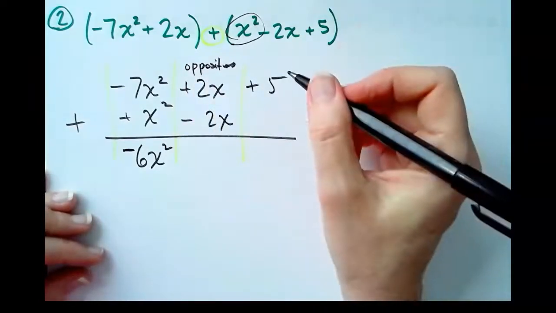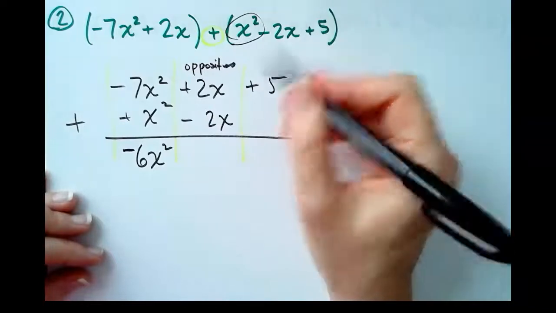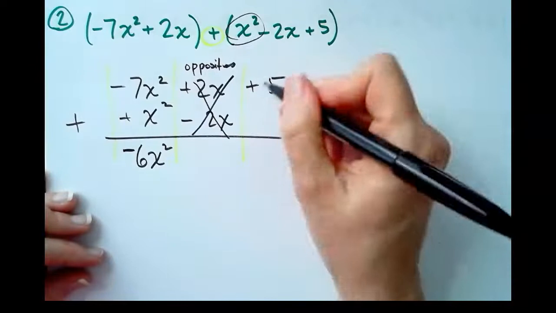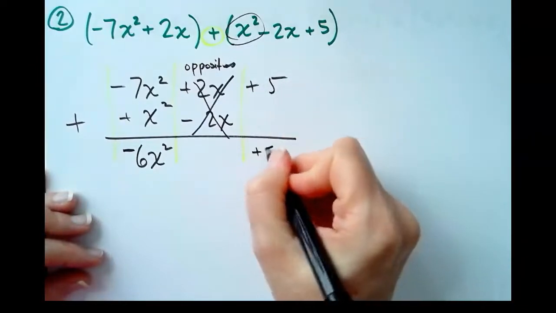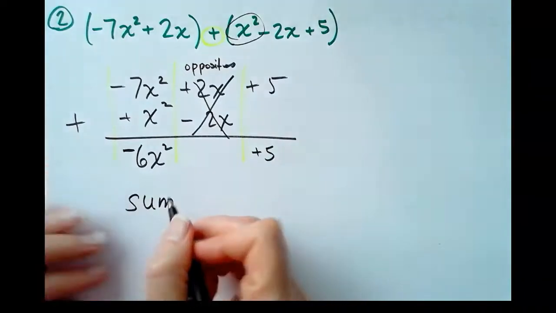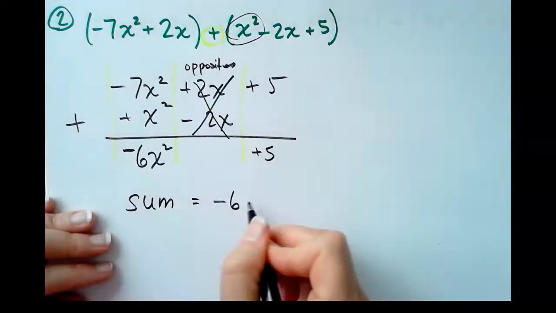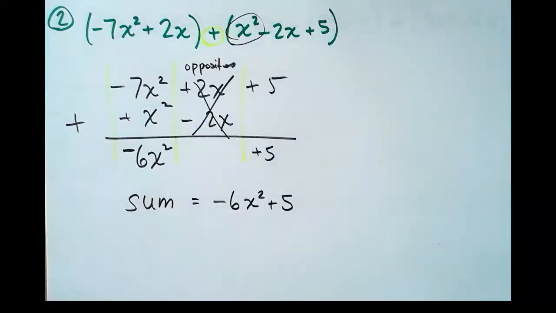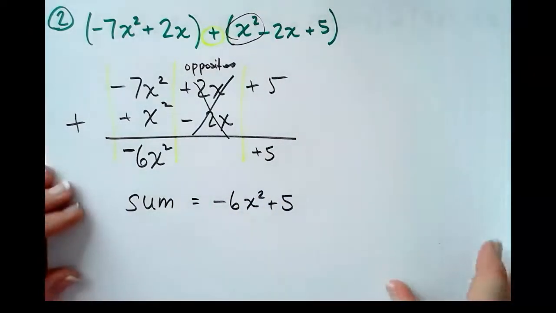So when they're opposites, does anything remain? No. 2x minus 2x cancels completely, so goodbye x's. Bring down that constant, plus 5. Our sum, because we are adding, is negative 6x squared plus 5 in descending order in standard form. That's number 2.